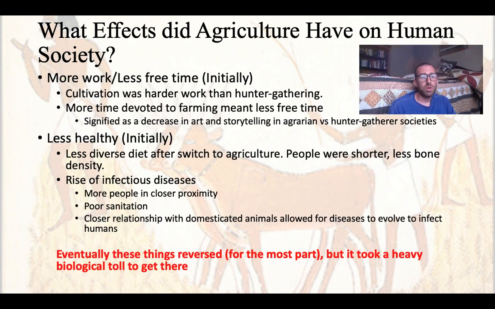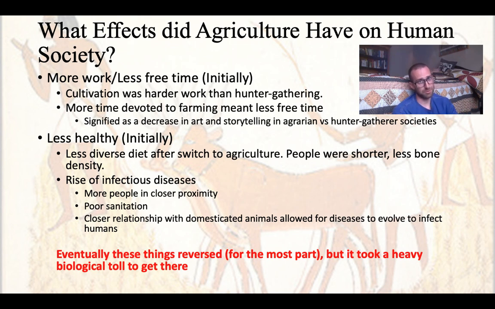Continuing on, we can see that some of these effects aren't necessarily good, how we would qualify them. Right? So agriculture, obviously, from an evolutionary standpoint, is beneficial. It's essentially how we all exist. All of our societies are based on agriculture.